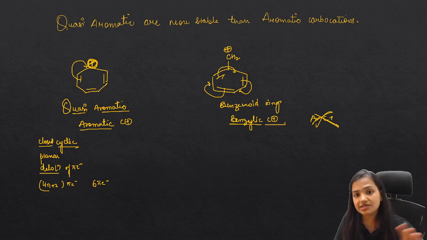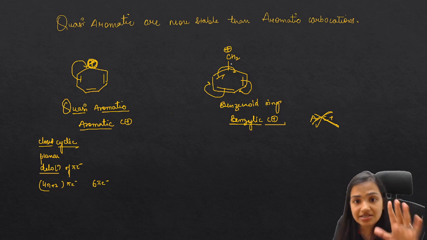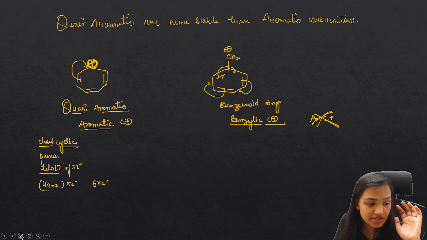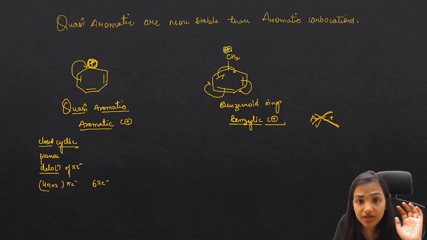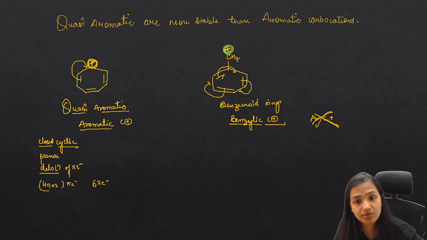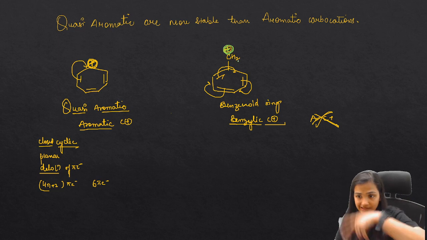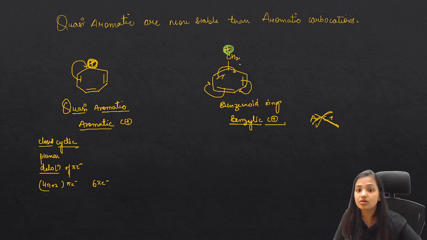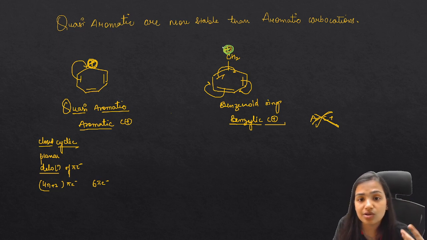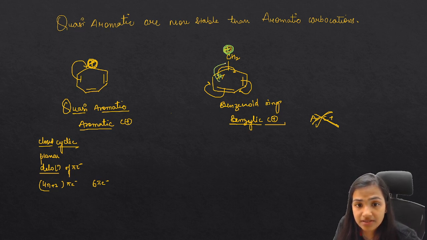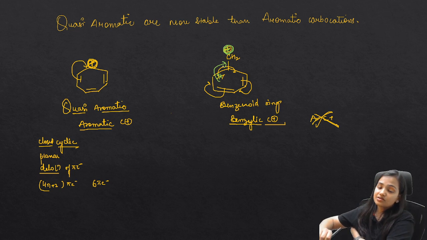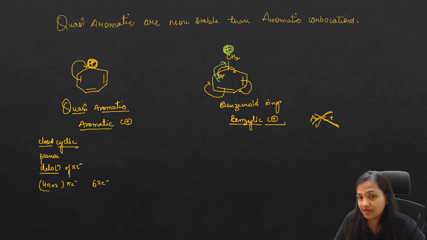So this is a species that will get stabilized. My question is not about the stability of a ring. I was asking about the stability of a carbocation. So who is stabilizing my carbocation? Is it the ring? Is it the delocalization in the ring? No, delocalization in the ring is not stabilizing my carbocation. My carbocation is getting stabilized by resonance with these pi bonded electrons.